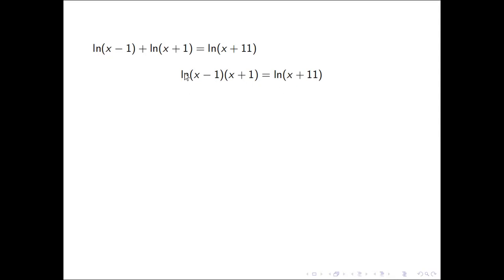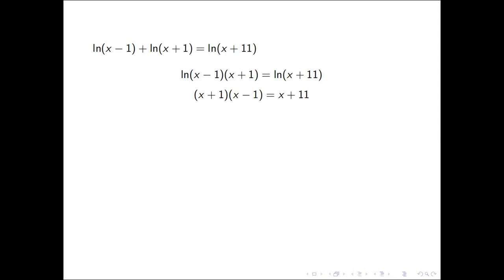And since we have both to base e, if ln of a is equal to ln of b, then the only conclusion is that a is equal to b. Okay? So in other words, we drop the ln's, and we simply have that. And that's a quadratic equation, which you already know how to solve.